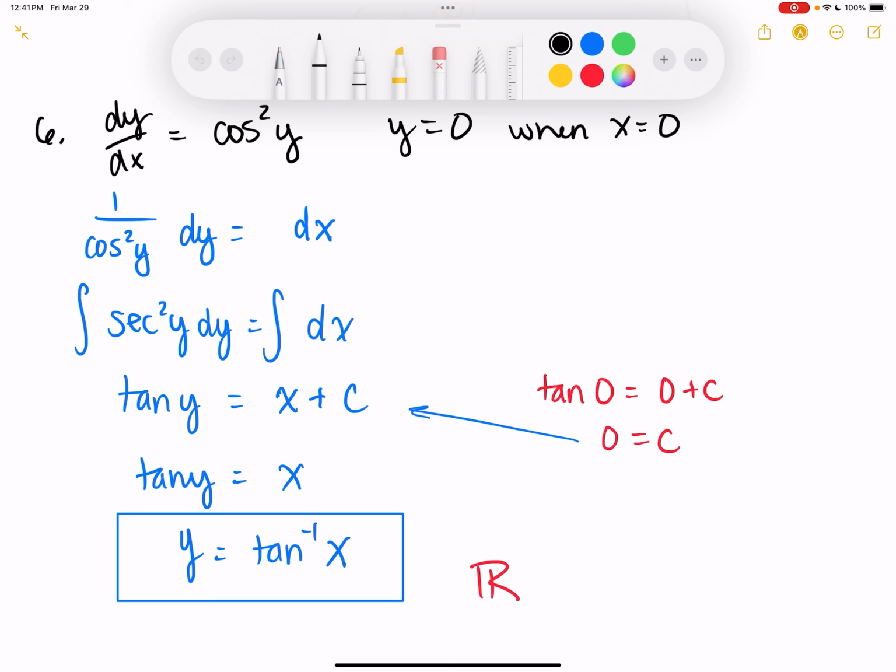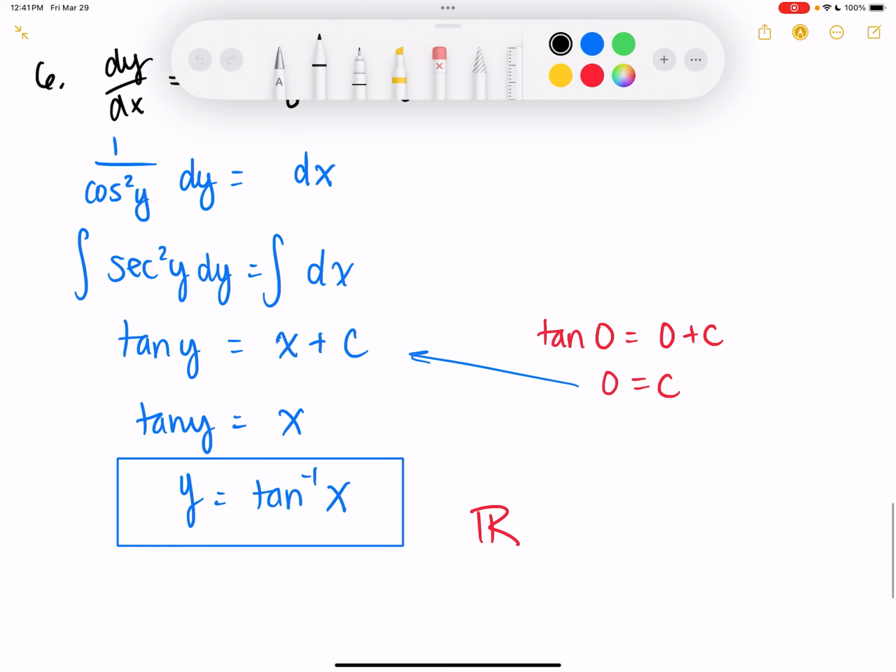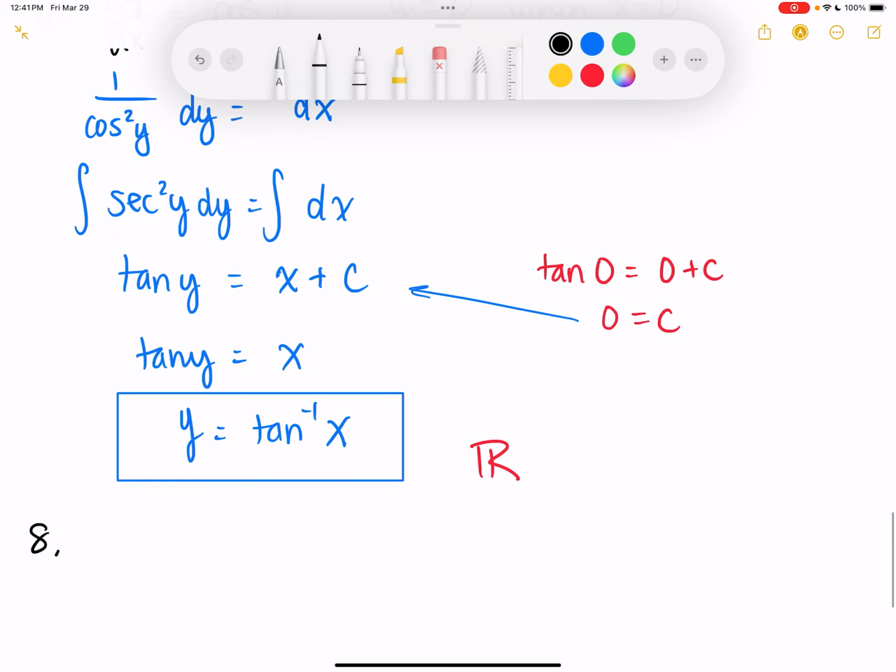Okay, continuing on. Number 8. dy dx is equal to e to the x minus y, and y is equal to 2 when x is equal to 0.